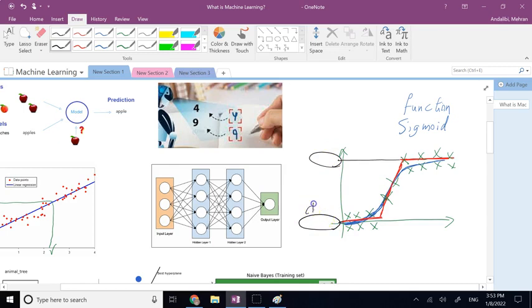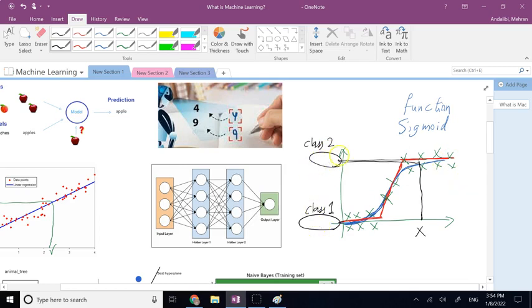Say, hey, this is class 1 if the output is this much, and if the output is this much, then it is what? Class 2, right? So if I have some new data here, I project it onto the sigmoid function, and the output is very close to class 2, so I can say that belongs to class 2. So I can also use linear regression for classification too, not just regression.